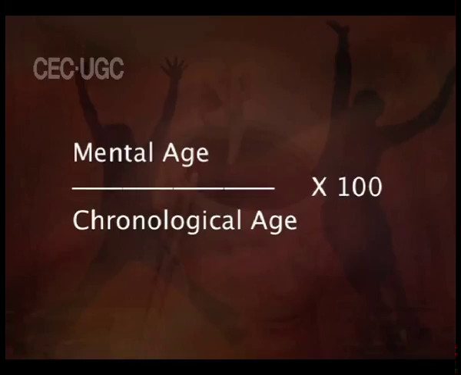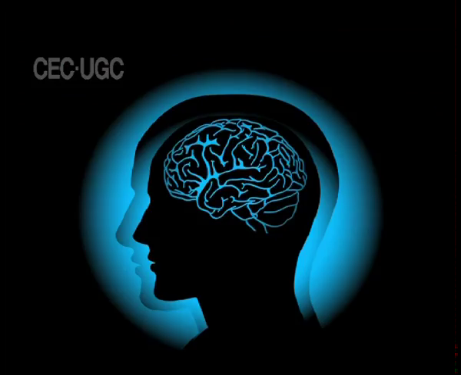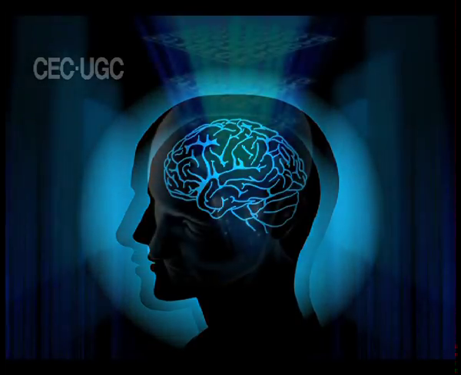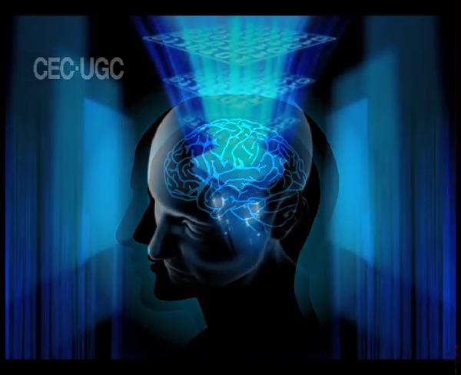The mental age was divided by the chronological age multiplied by 100, and this gave us a number which was the IQ of that individual and indicated the level of intelligence.